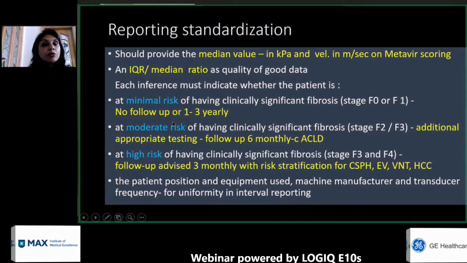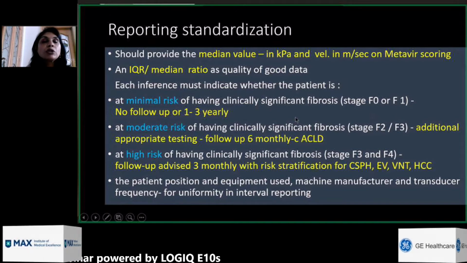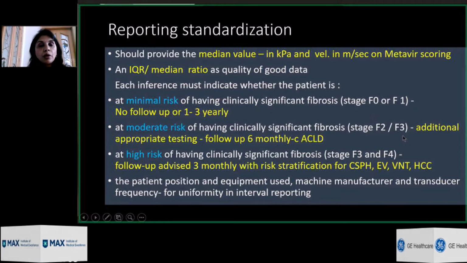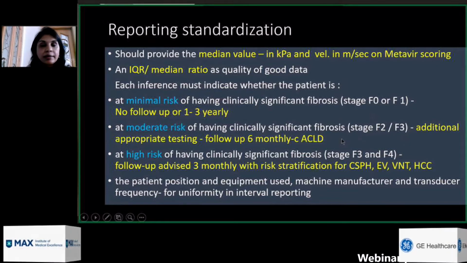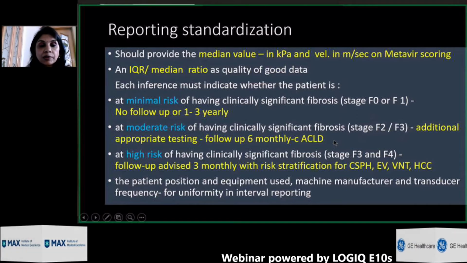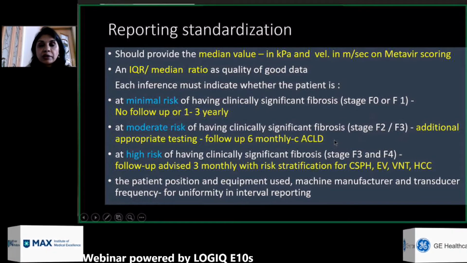So minimal risk, we are talking F0, F1, no follow-up or 1 to 3 yearly follow-up. Moderate risk, F2 to F3, we have to do appropriate testing, keep them under observation. Maybe they are compensated advanced chronic liver diseases. So it is up to the clinician how frequently they want to follow this case up.